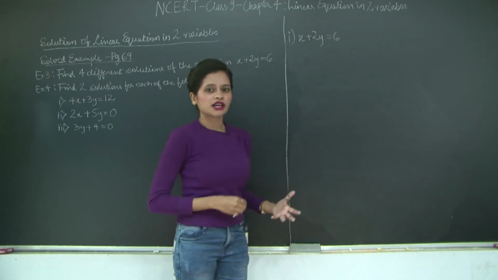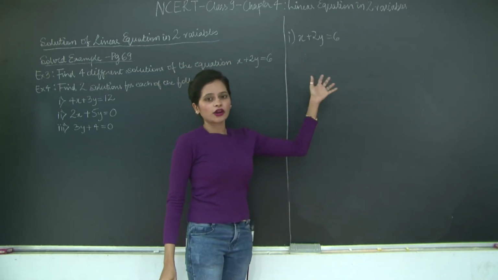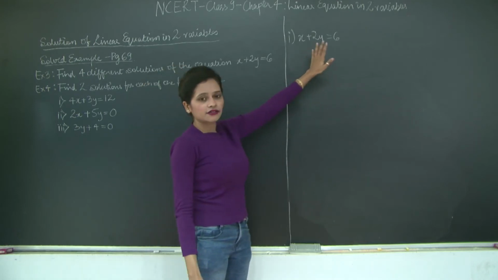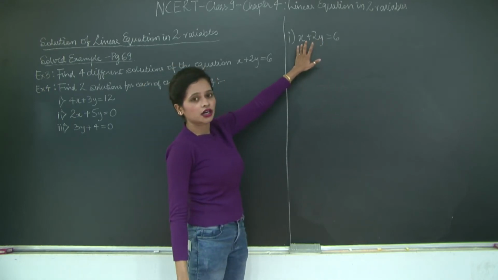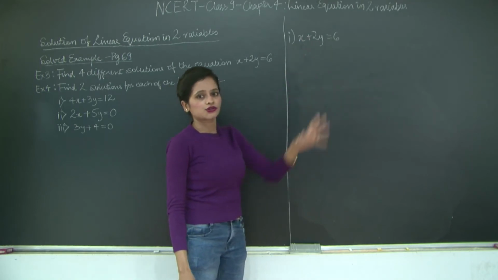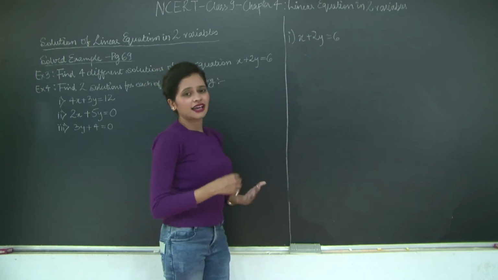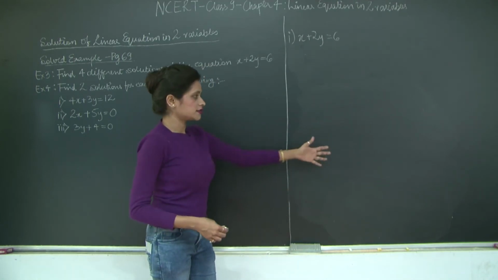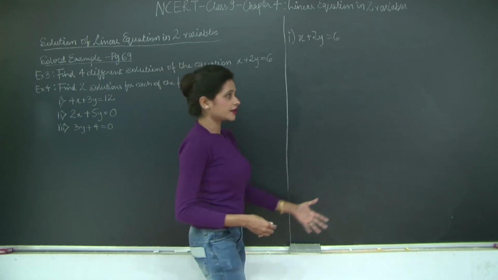The best way to start is to consider any one of the variables as 0 and you will find the value of the other variable, and vice versa. Suppose in the first case x is equal to 0, and in the second case y is equal to 0. So you will at least get 2 solutions, and the other solutions we will find by trial and error, just like we did in the previous sums that we solved.